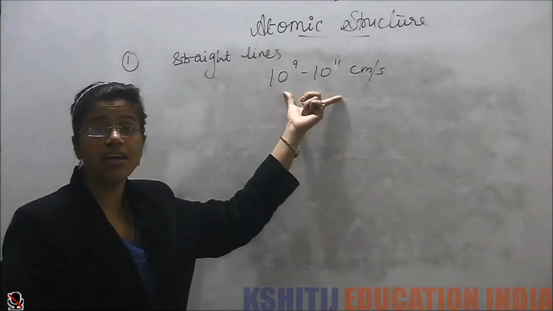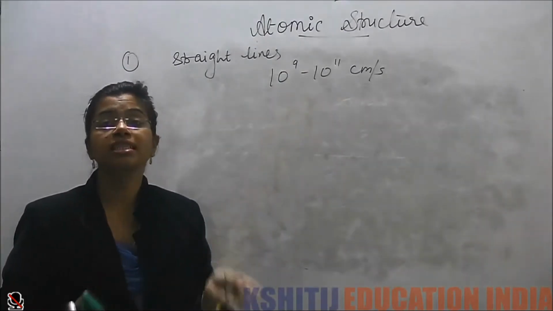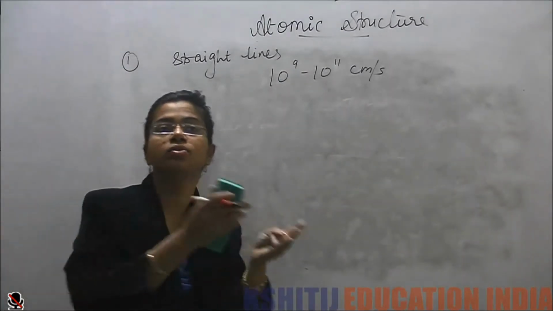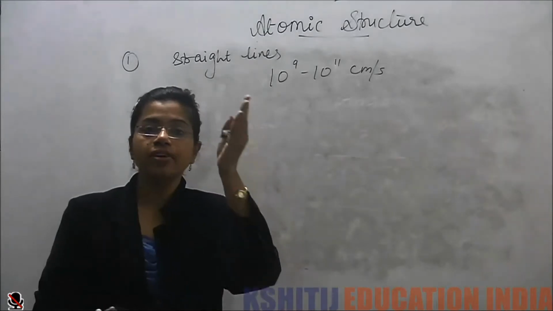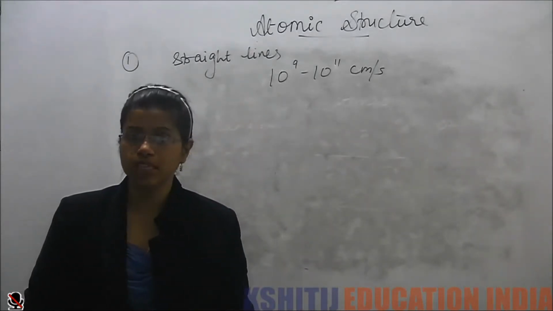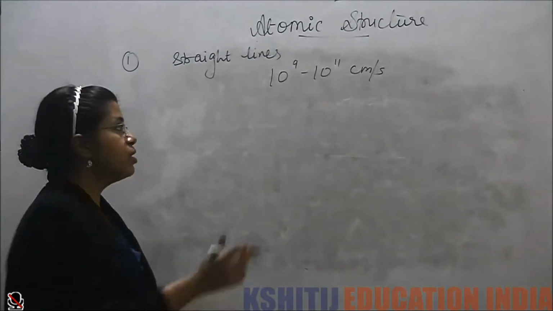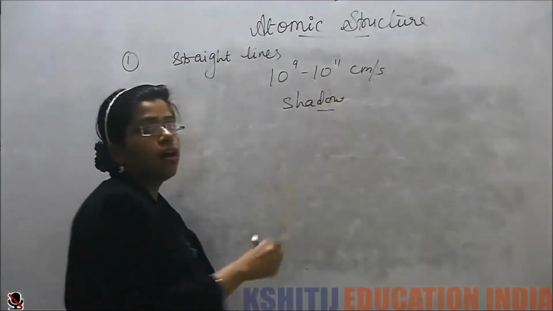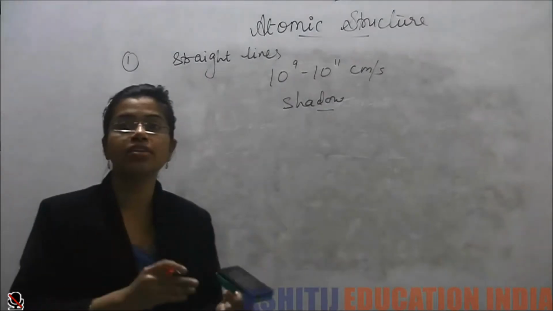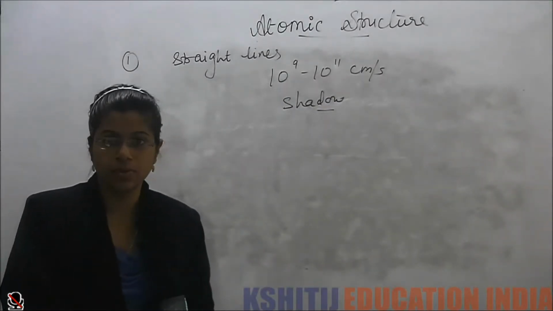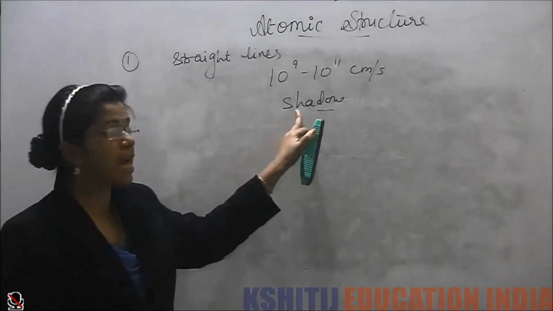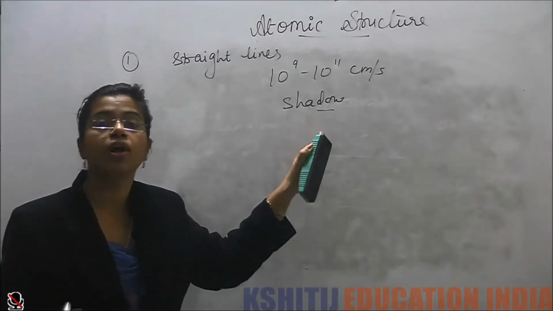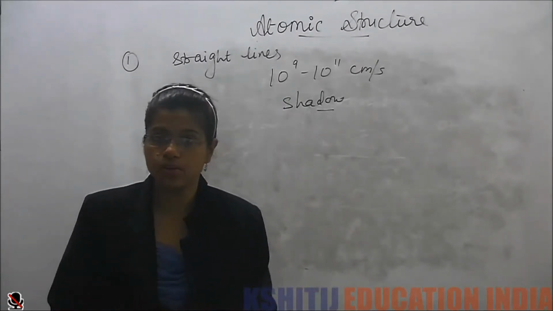With such a high velocity, they move in a straight line from cathode towards the anode. If any metallic object was placed in the path, it would cast a shadow on the wall opposite to the cathode.